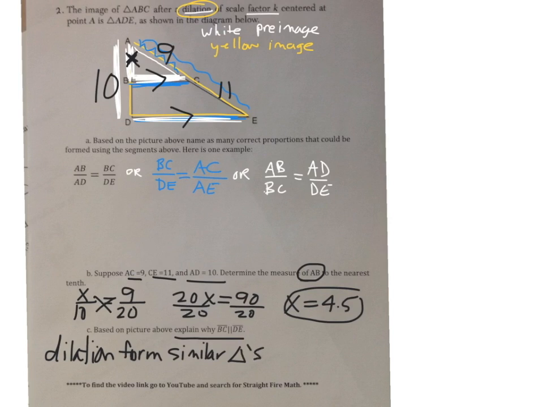If the triangles are similar, their sizes are not the same necessarily, but their shape is. So angle E is the same as angle ACB. So these two black angles there are exactly the same.